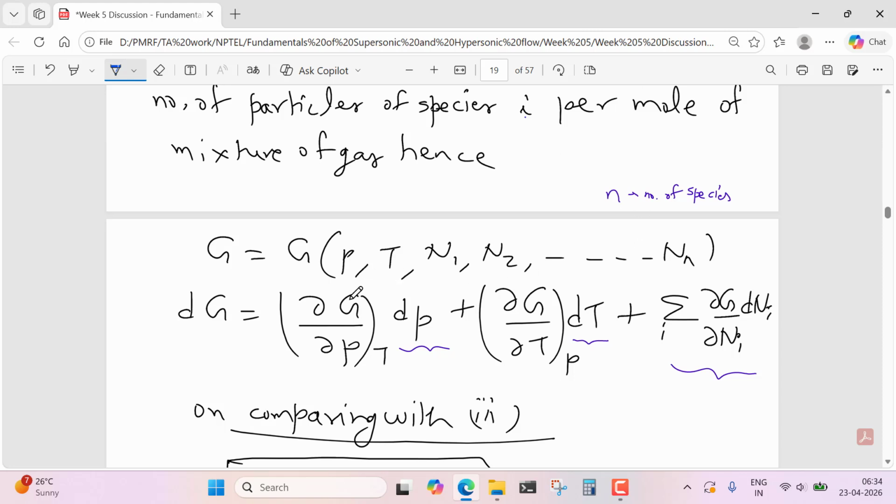Now we'll take the derivative of this G. We'll get dG equal to dou G upon dou P at constant T dP plus dou G upon dou T at constant P dT plus, if we take the derivative with respect to n1, dou G upon dou n1 dn1. Similarly for other n, so if we combine all of those together, we get sigma i dou G upon dou ni dni.